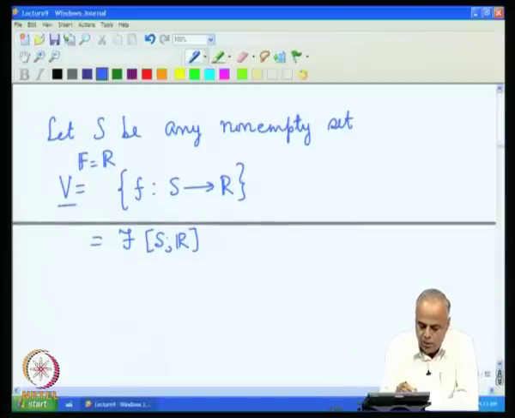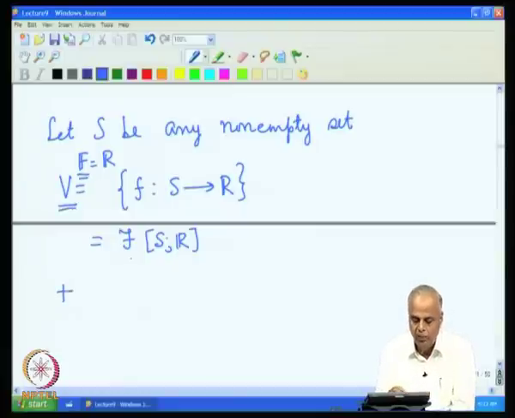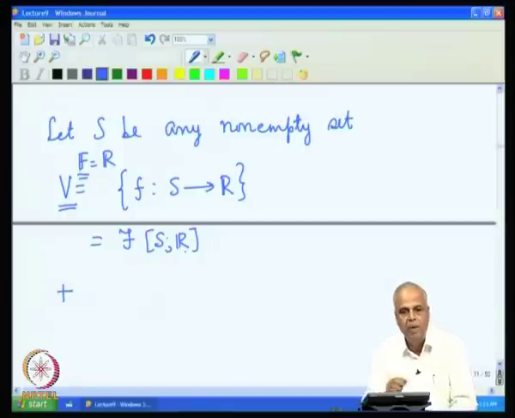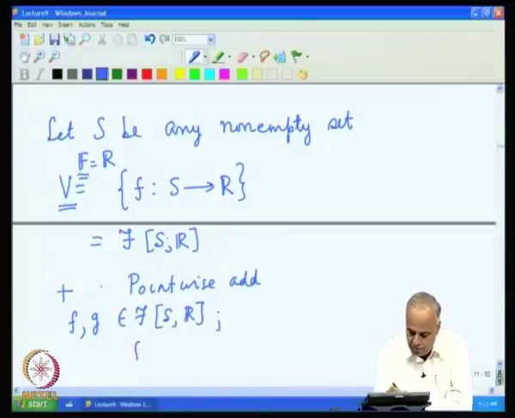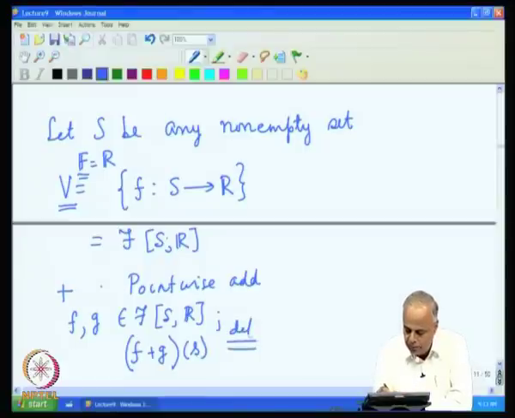So, we have now the set V, we have the field, do we have the plus? Well, if you take two functions, we have seen what is meant by pointwise addition. So, what is the definition? For f, g belonging to F(S,R), f plus g by definition is a function whose value at any point s is defined to be the value of f at s plus the value of g at s.